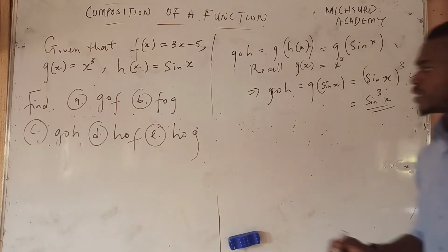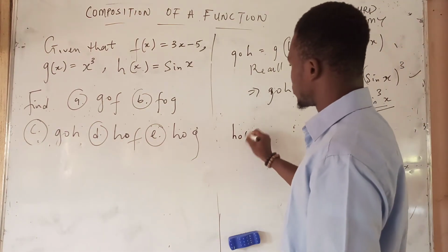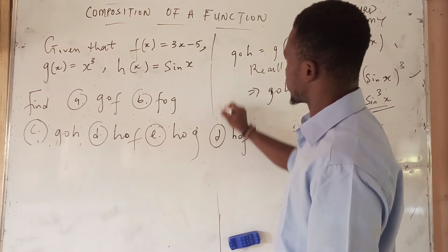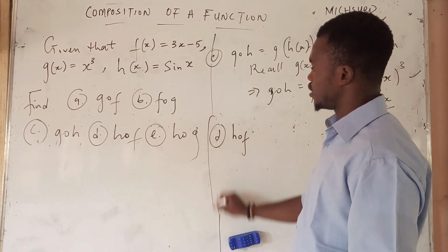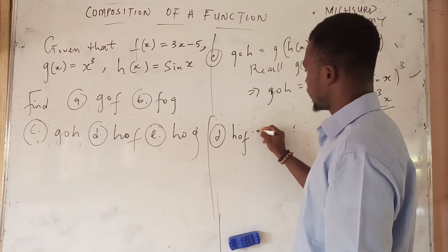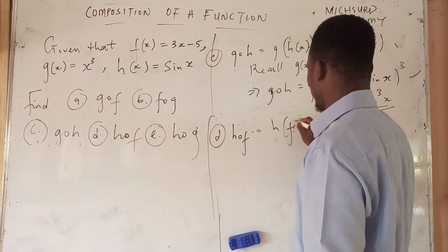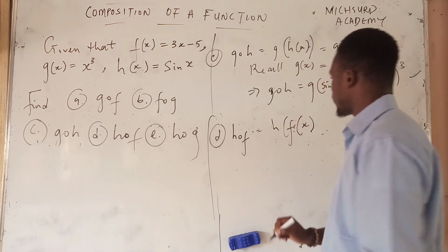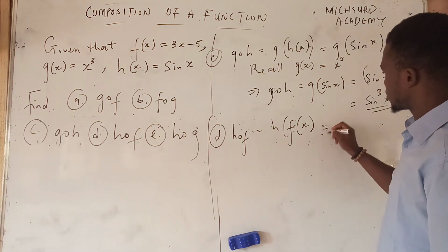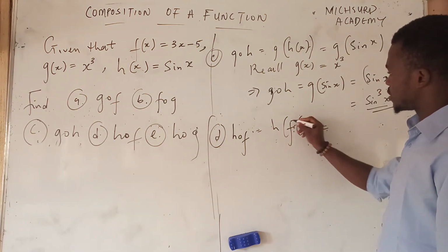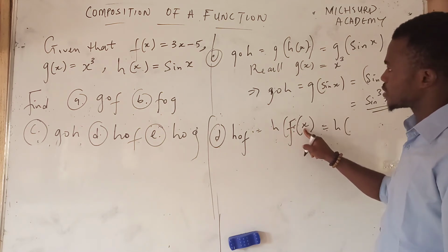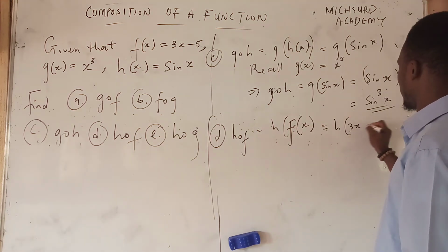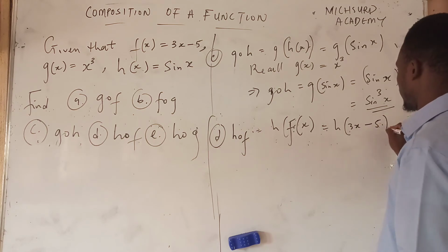Alright, so the next one there is h of f, that is for d. This was for c. So for d we have that this will be given as h f of x. Now what is our f of x? f of x is 3x minus 5, right?